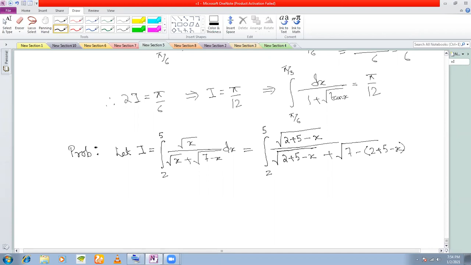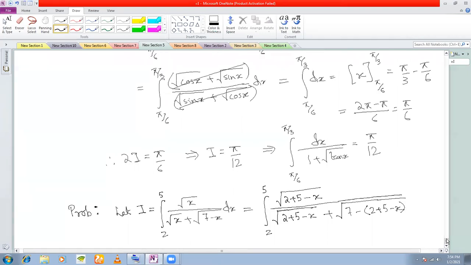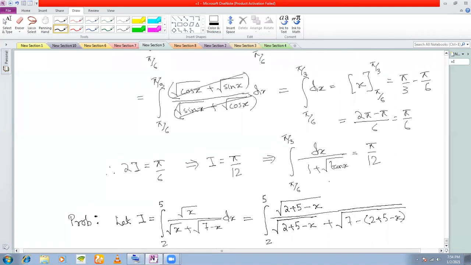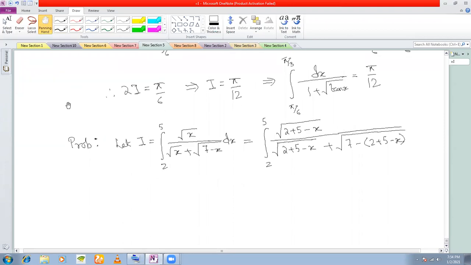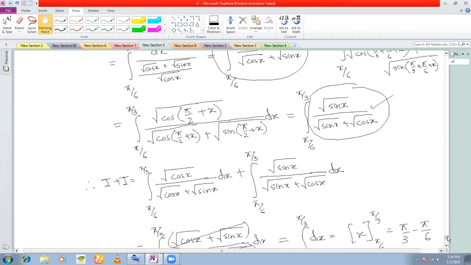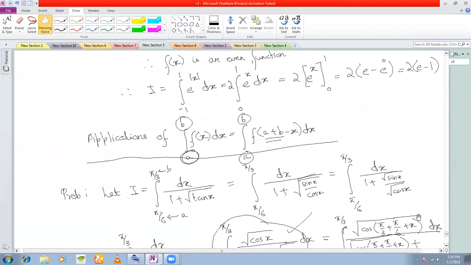See whether you understood this step or not. Check with the property. The property is above actually. What I have done is, I have replaced x by a plus b minus x. If you see in this property, x is replaced by a plus b minus x.